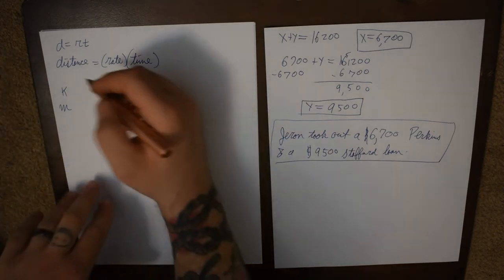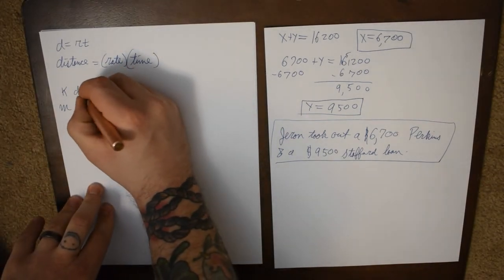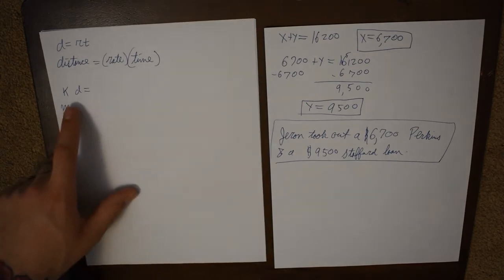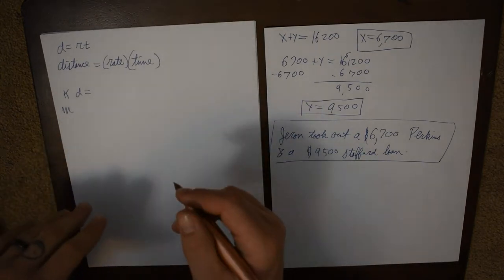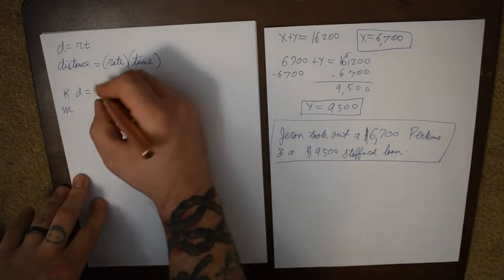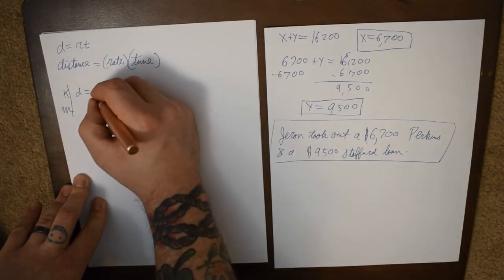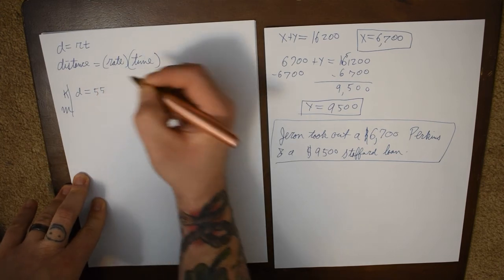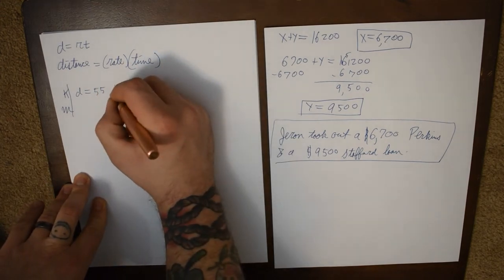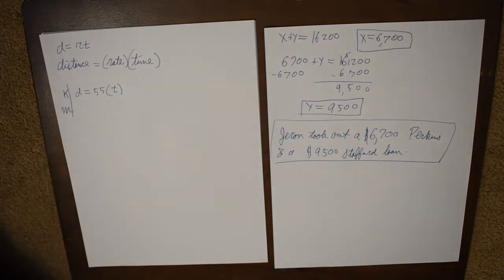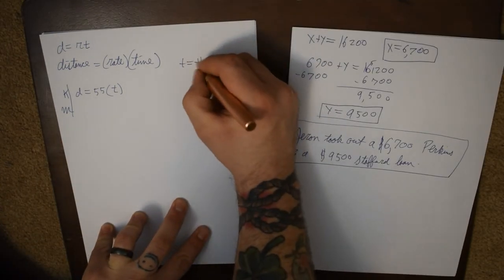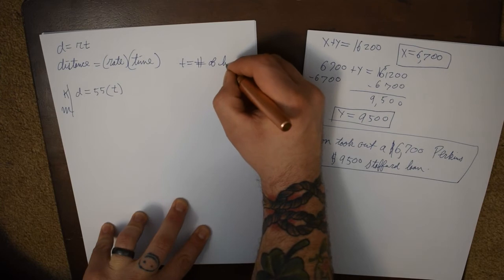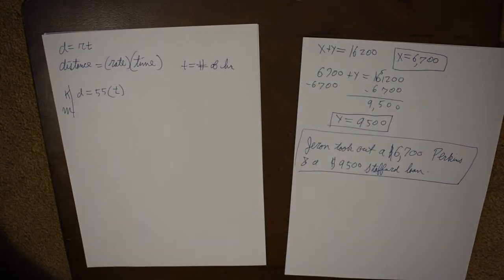So we're just going to put a D. The distance that Carrie is driving is equal to the rate, and now we know the rate. Carrie is driving at 55, so D is equal to 55 times the amount of time that she's been driving. And we're going to let T be equal to the number of hours.